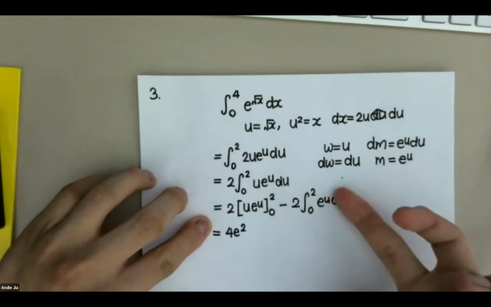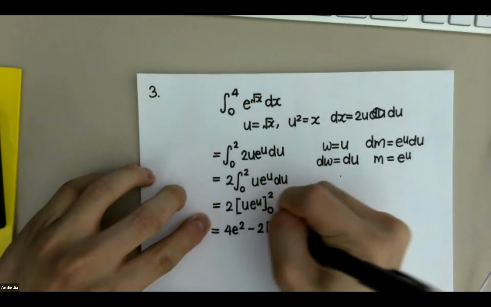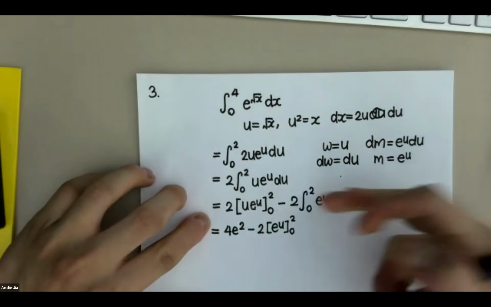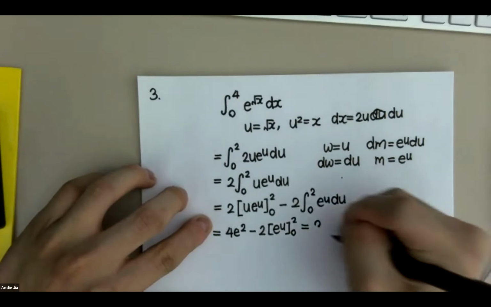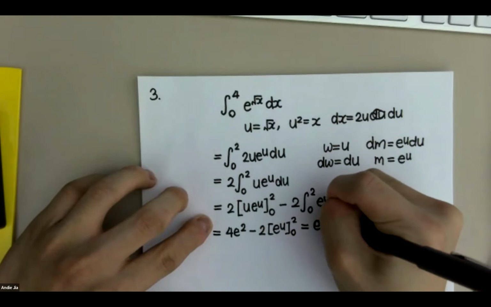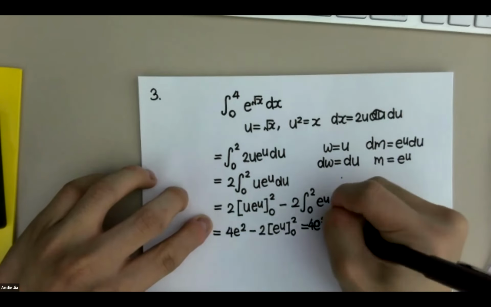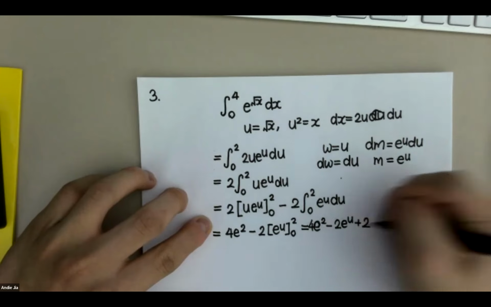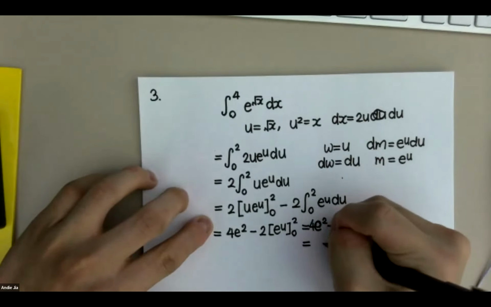And for this, the integral of e^u is e^u from 0 to 2, and then we get e^2 minus 2e^2 minus 2, plus 2. That is the final answer.